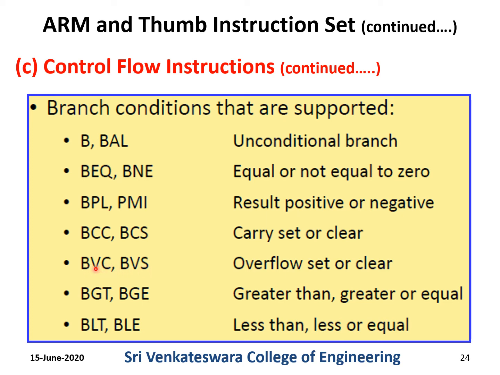VC stands for overflow clear, VS stands for overflow set. The next ones are BGT and BGE. GT stands for greater than and GE stands for greater than or equal. Then BLT and BLE. LT stands for less than and LE stands for less than or equal to.